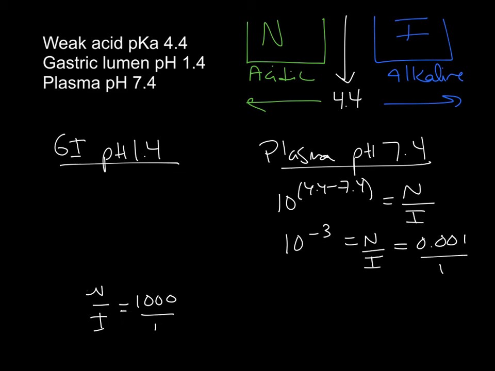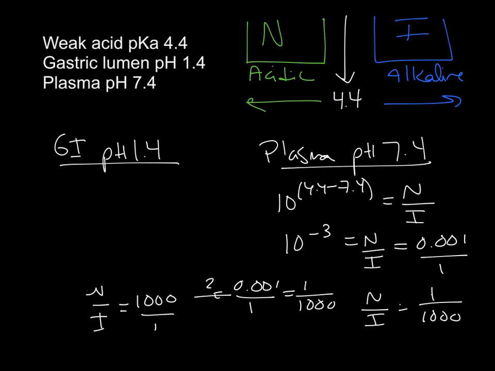Now, some of you may be more used to saying N over I equals 1 over 1,000. And again, 0.001 over 1 is the same as 1 over 1,000. It's the same as 2 over 2,000. These are all interchangeable equivalent fractions.